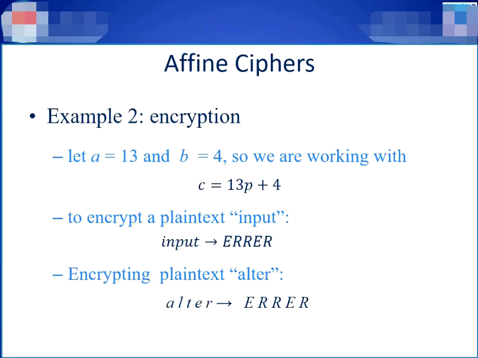So, for an affine cipher to be one-to-one, that is, to be able to decrypt the message encrypted using an affine cipher, we need to choose the key which consists of parts a and b, such that the greatest common divisor of the a part of the key and m, that is the modulus, is equal to 1. In our case, the modulus means the number of letters in the alphabet.